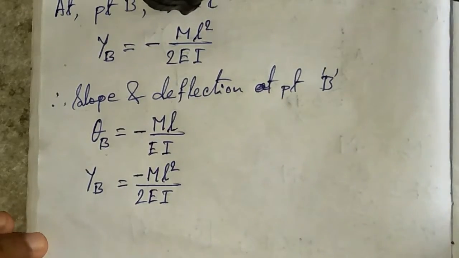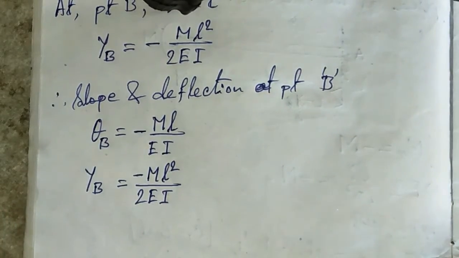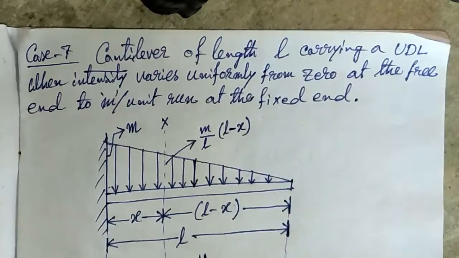So this is the expression for slope and deflection at point B.